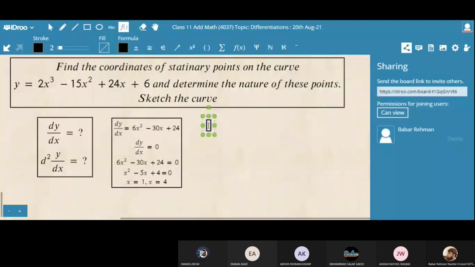So first put y is equal to 2, now input the value of 1, minus 15, 1 squared, plus 24, 1, and then plus 6. First we input 1 in the equation so that we can find the coordinates of turning points.